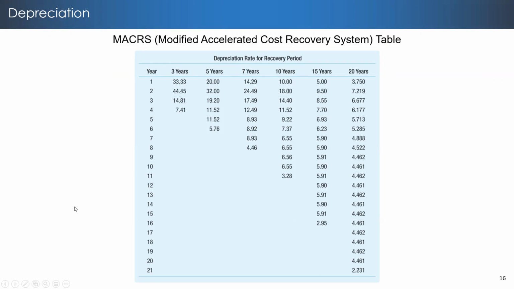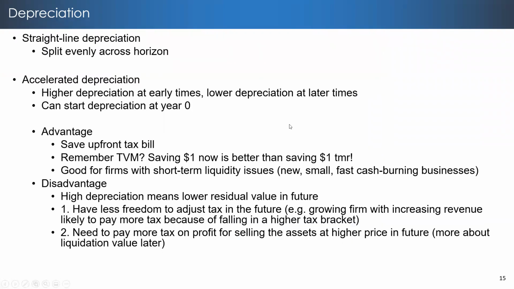The benefit of doing this is that a higher depreciation in the beginning can give you a higher cash flow. Why does it give you a higher cash flow? Because you pay less tax.